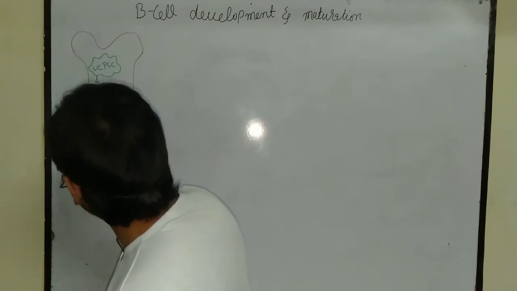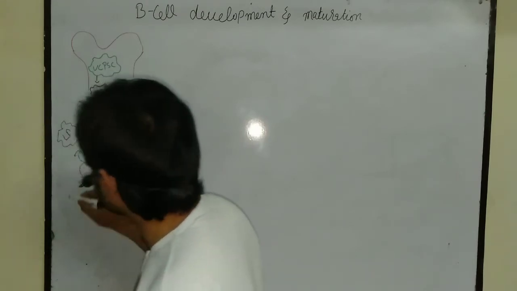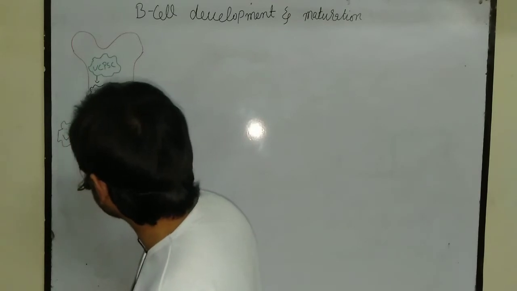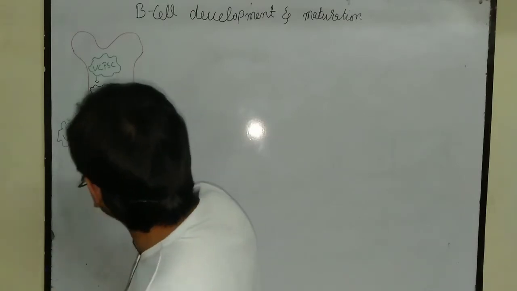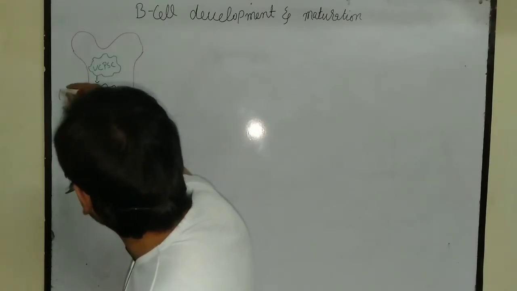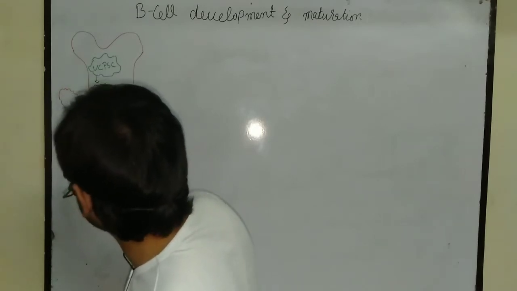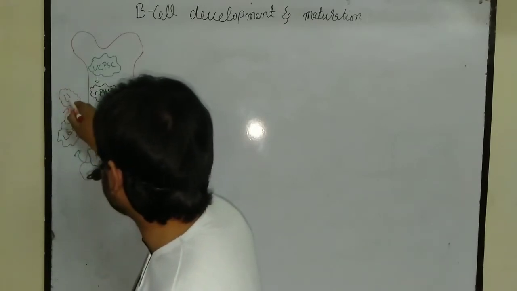So this is the lymphoid stem cell. Now this lymphoid stem cell will be converted into lymphoblast. This is the lymphoblast.